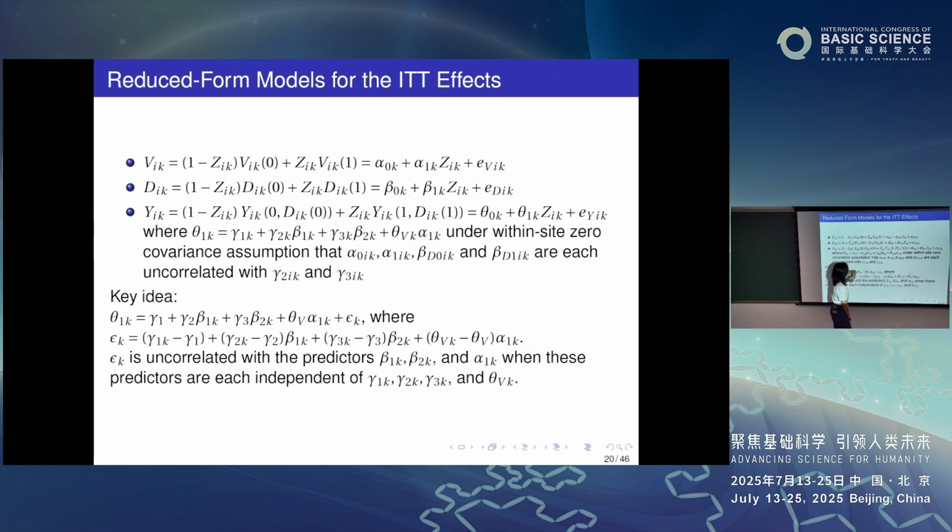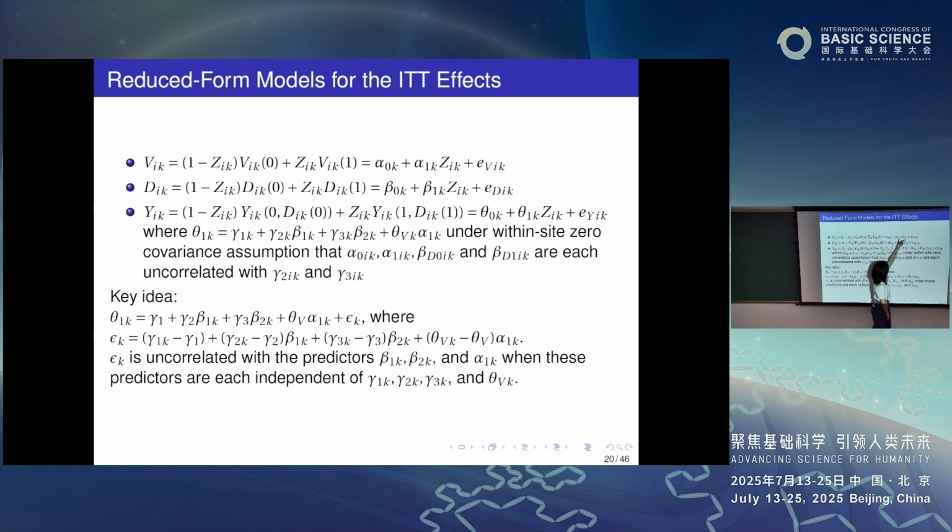But another thing that you realize is that originally you have alpha 0 ik, right? But now you put in the average there. What's the difference? Well, we put the difference between alpha 0 ik and alpha 0k into the residual.